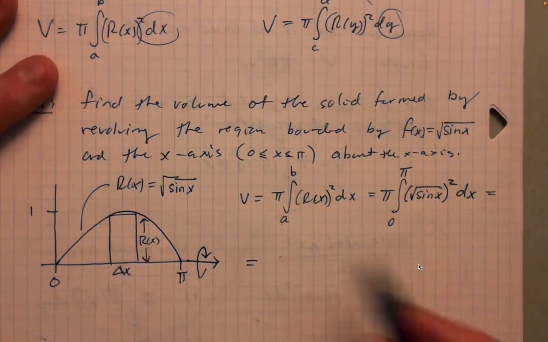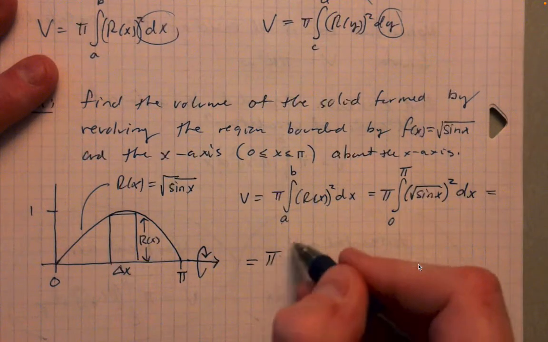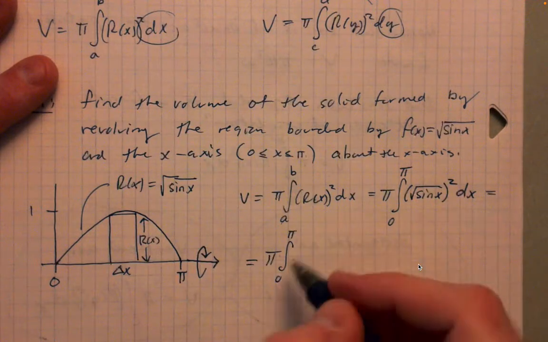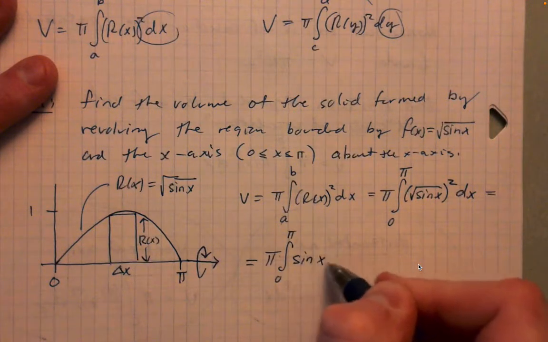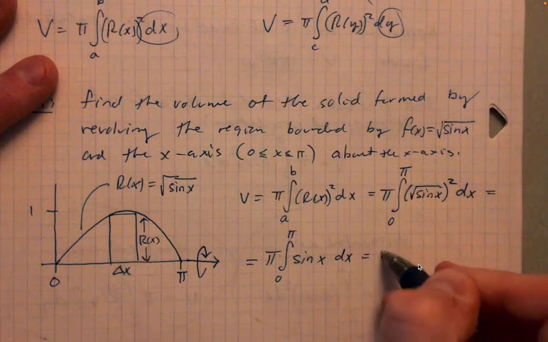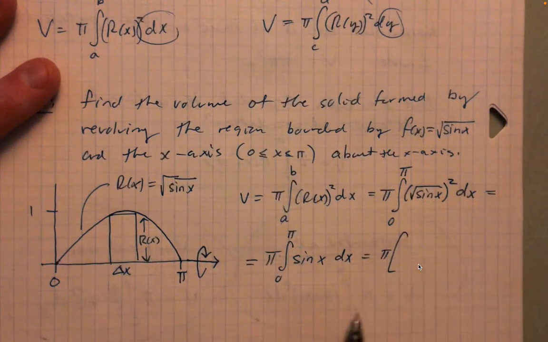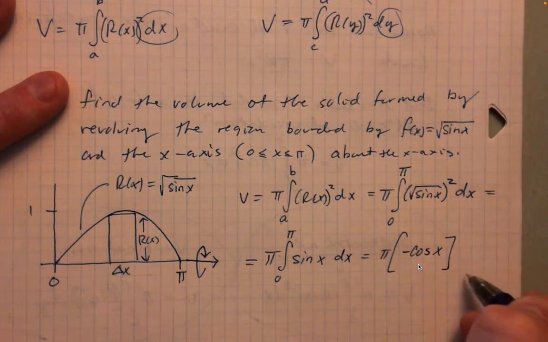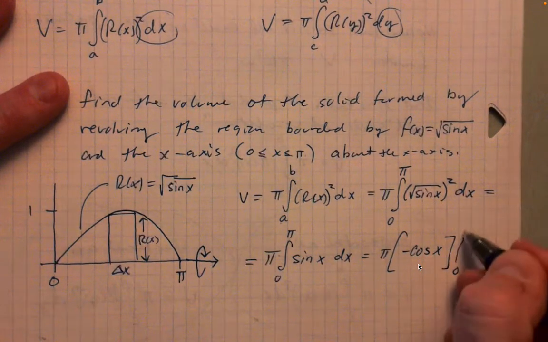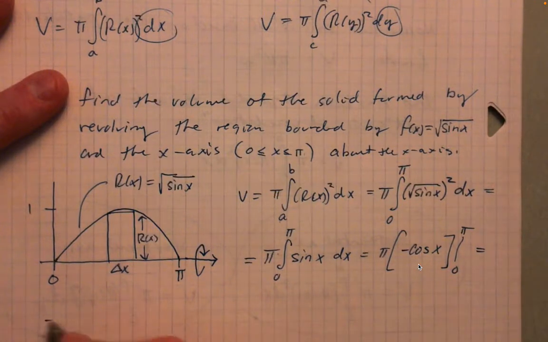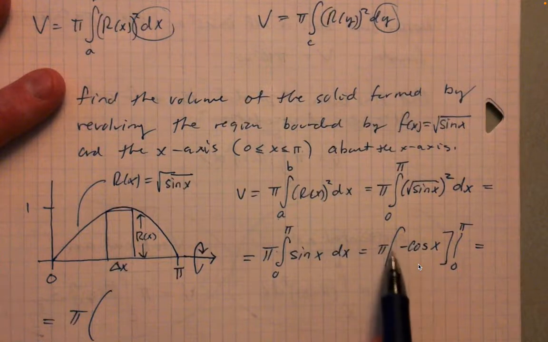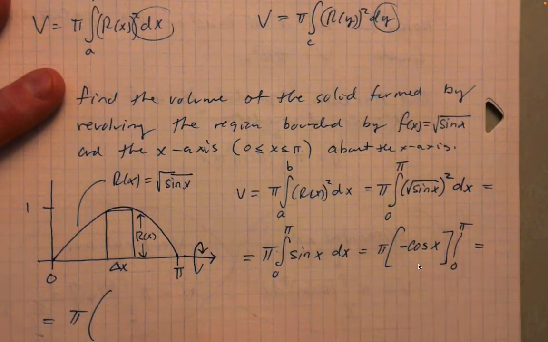Okay, so this one is nice and easy to do, right? The square of the square root means we're just integrating the sine function. And so what do we get when we integrate the sine function? Well, we get negative cosine of x. Okay, and we're going to integrate from 0 up to pi. So we get pi on the outside, and then negative cosine of pi would be negative negative 1.